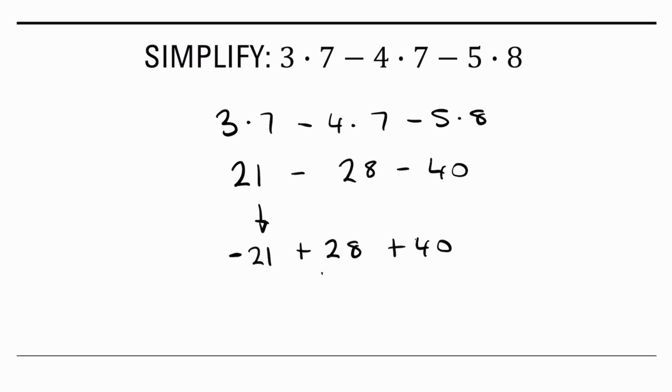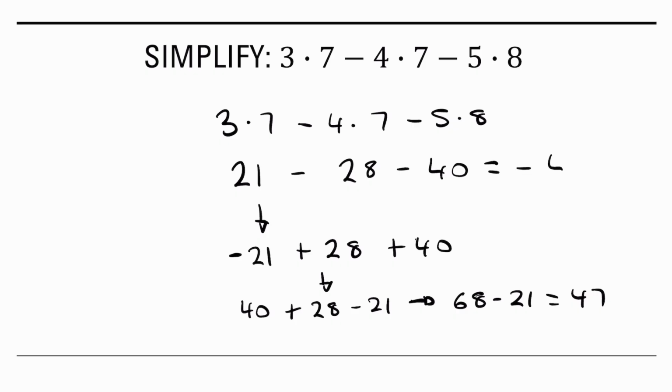And then I could rearrange this into 40 plus 28 minus 21, remembering that it's commutative. It doesn't matter what order these are in, as long as they're all just additions or subtractions. I can move them around as I will. Now 40 plus 28 is 68 minus 21, and 68 minus 21 would be 47. So because I've flipped all of that, I would then have to flip that sum, and so I could say that this would be negative 47.